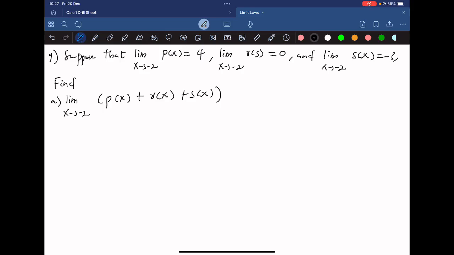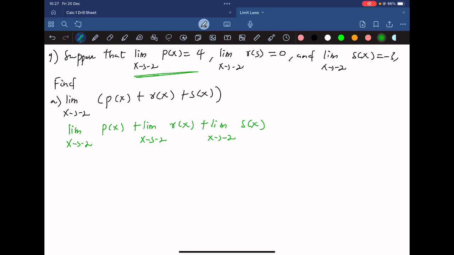Now let's solve this before we move on. Note from the theorem that we first stated, whenever we have this, we can just distribute the limit. So we have the limit of p of x plus the limit of r of x plus the limit of s of x. What is the limit as x approaches negative 2 of p of x?